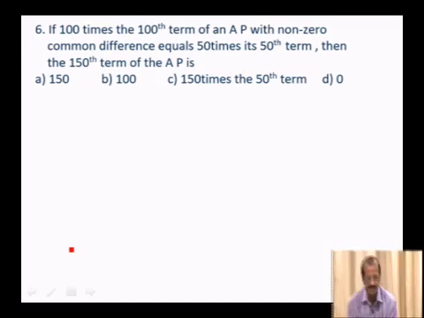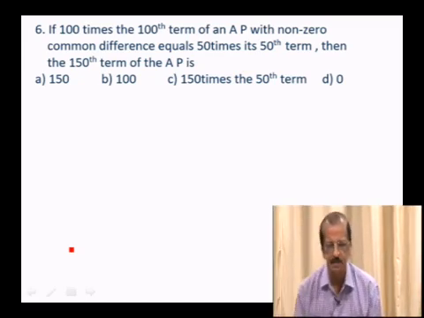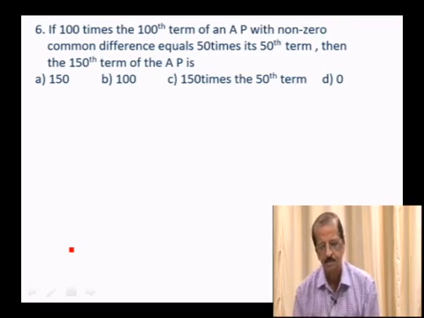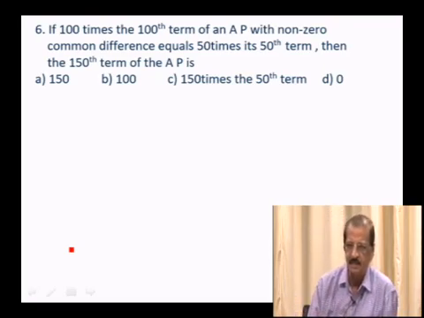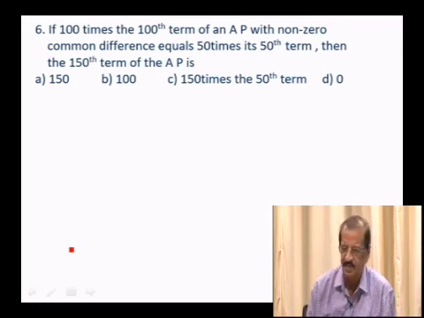So, sixth one, if 100 times the 100th term of an AP with non-zero common difference equals 50 times its 50th term, then the 150th term of the AP is: option A 150, option B 100, option C 150 times the 50th term, option D 0. So, here we have to take the AP as A plus D, A plus 2D, etc. and then take this 100th term and 50th term.